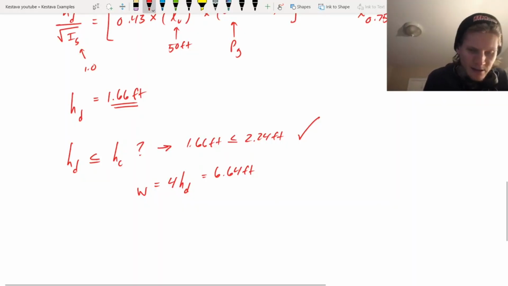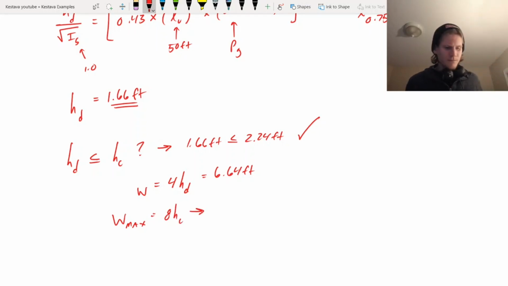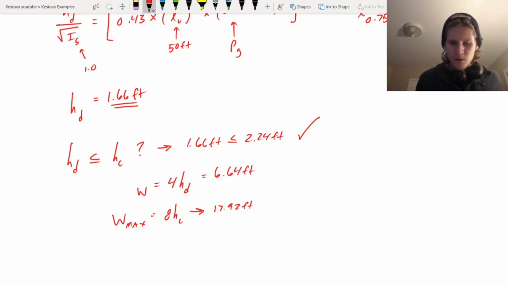So w max is 8 times h_c, which is 8 times 2.24, which is 17.92 feet. Well, we come nowhere close to w max with our w of 6.64, so we know we're good.